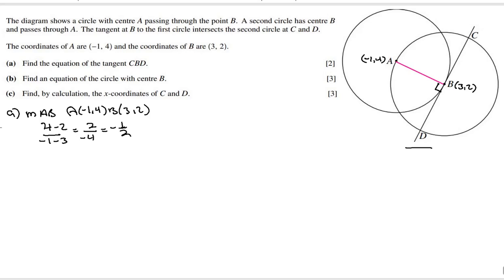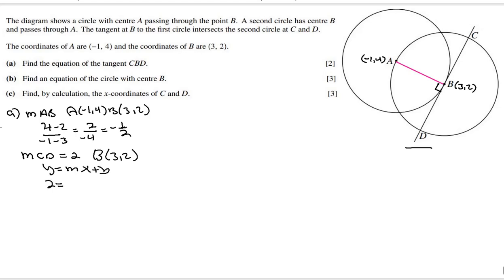And if you look at it, it does appear to be negative, so I'm feeling good about that. And that means that the slope of CD is going to have to be the opposite reciprocal, which is going to be 2. And again, if I've got a point and a slope, which I do, I can find the equation of a line, and all I'm going to do is plug it into y equals mx plus b.